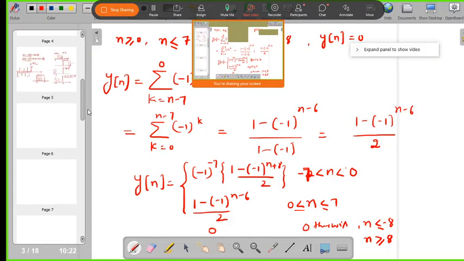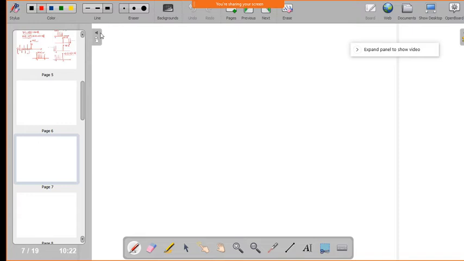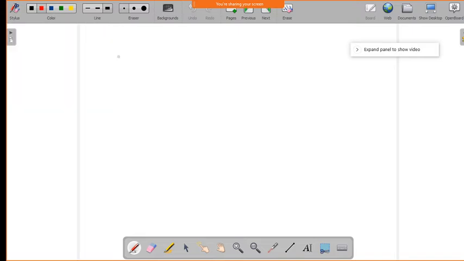Now try to solve this one. Take the values x of n equal to 1, 1, 2, 5, and h of n equal to u of n.